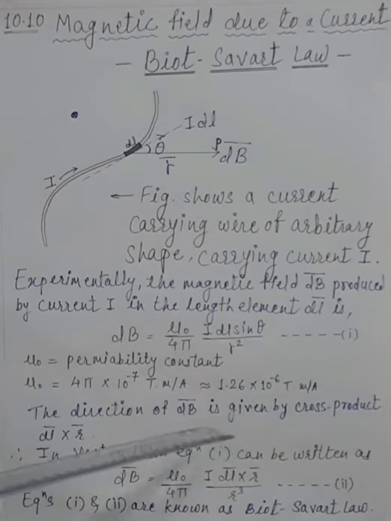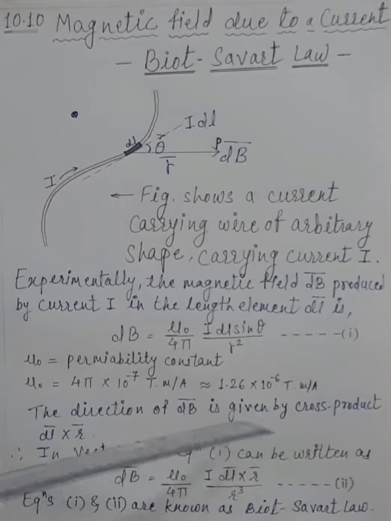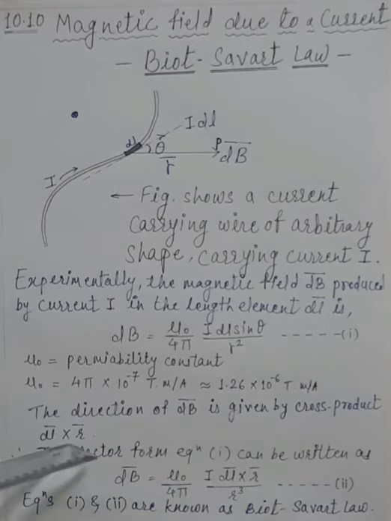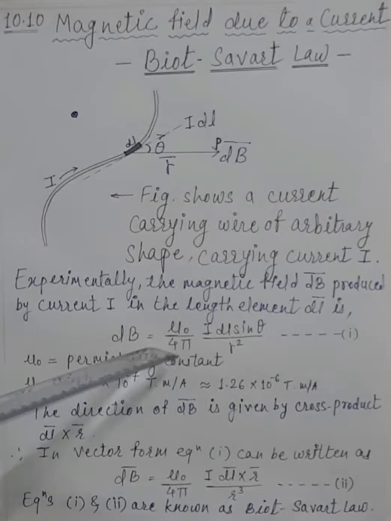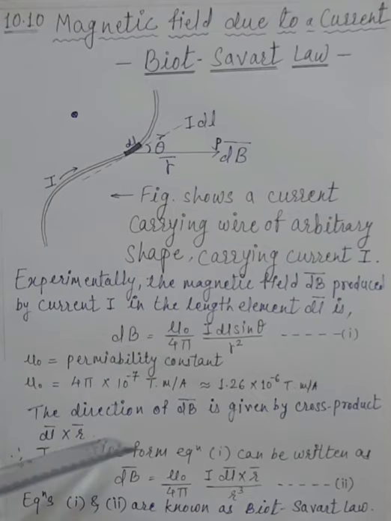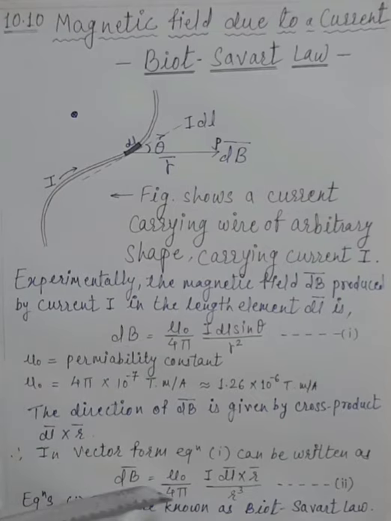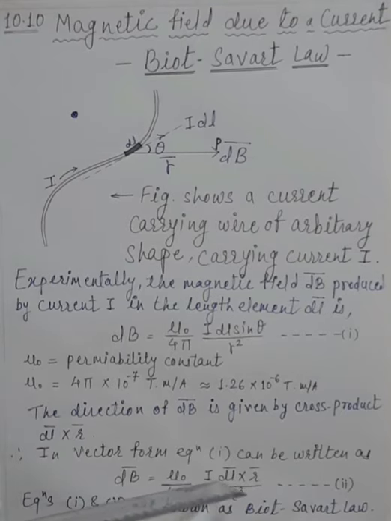The direction of dB bar is given by the cross product of dl bar cross r bar. Therefore, equation 1, the equation of Biot-Savart law, can be written in vector form as dB bar equal to mu 0 upon 4 pi I dl bar cross r bar upon r cube.